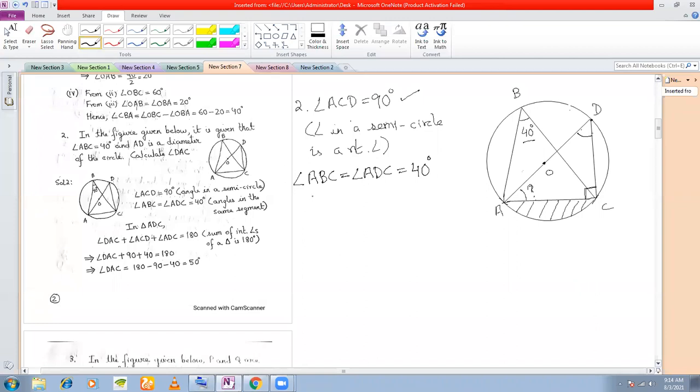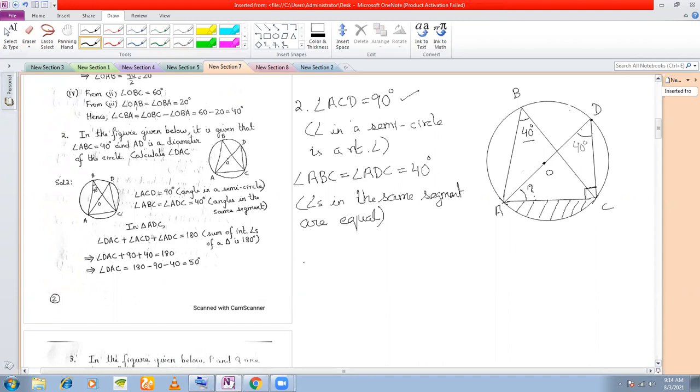Reason is angles in the same segment are equal. Right? So now we'll write this as 40.